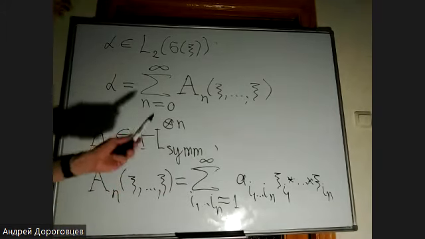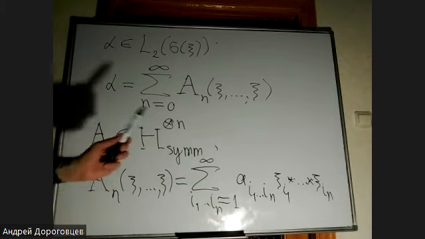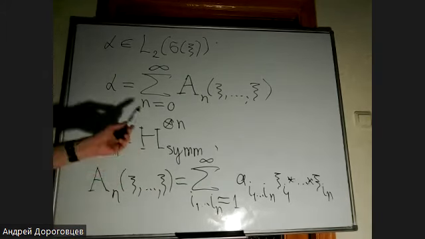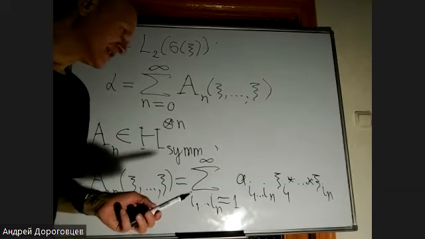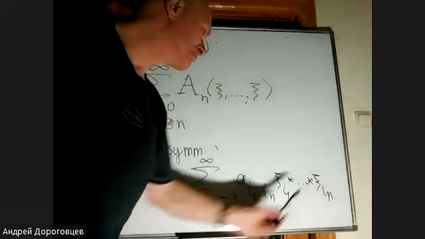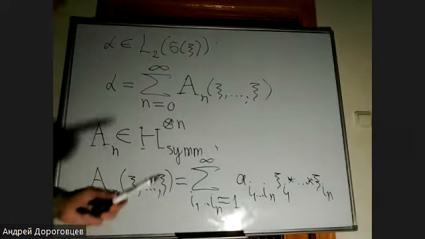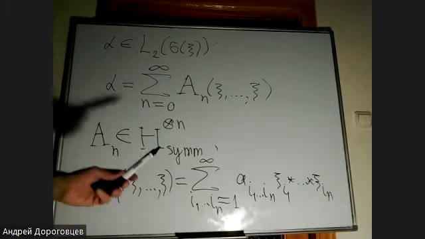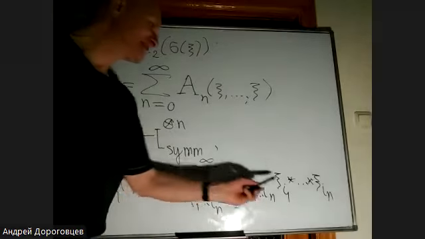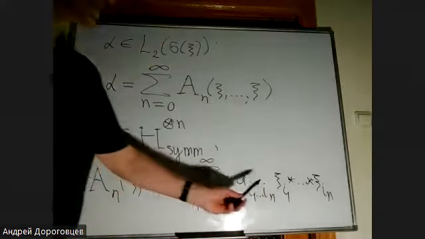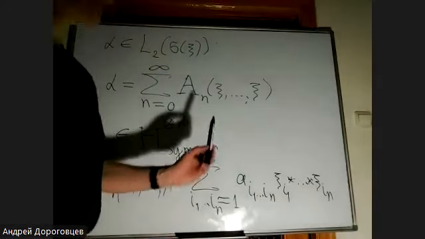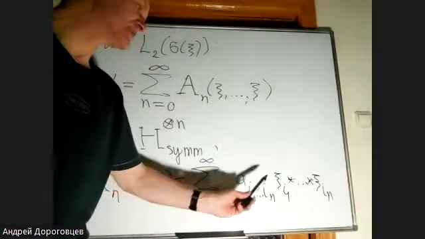In this formula, a(e_1, ..., e_n) are coefficients of the form a_n in the orthonormal basis, for example, introduced right now, e_k, and this star means that we take not the usual but the Wick product of these Gaussian random variables. It means that in this product we collect random variables of the same kind.